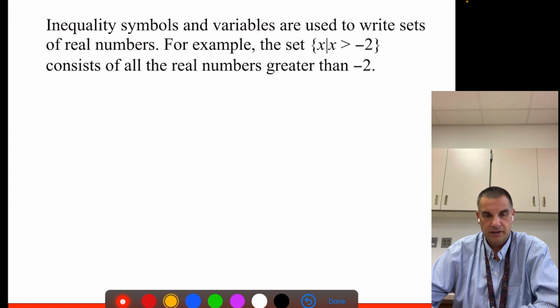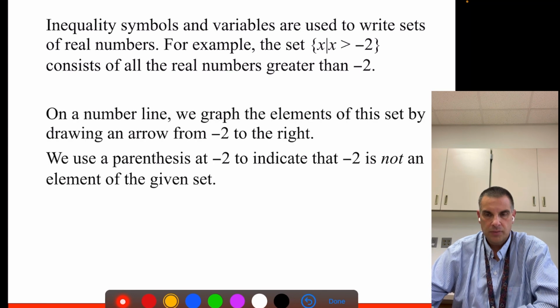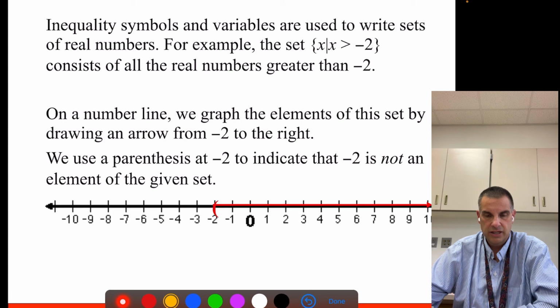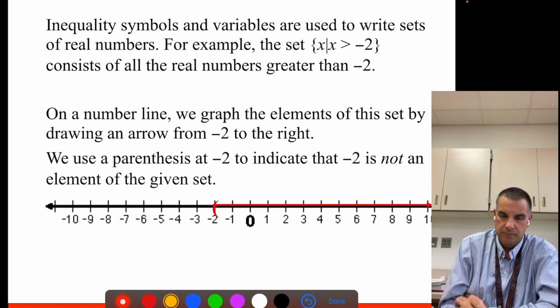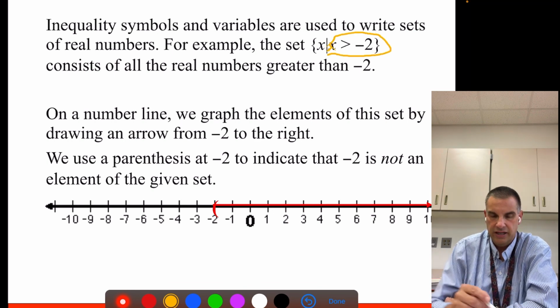Okay, so then we have to be able to graph these sets of real numbers. We want to be able to graph something like x is greater than -2 on the number line. When we do this on the number line, we're going to use arrows. This is already done, but I'm looking for all values of x that are greater than -2.